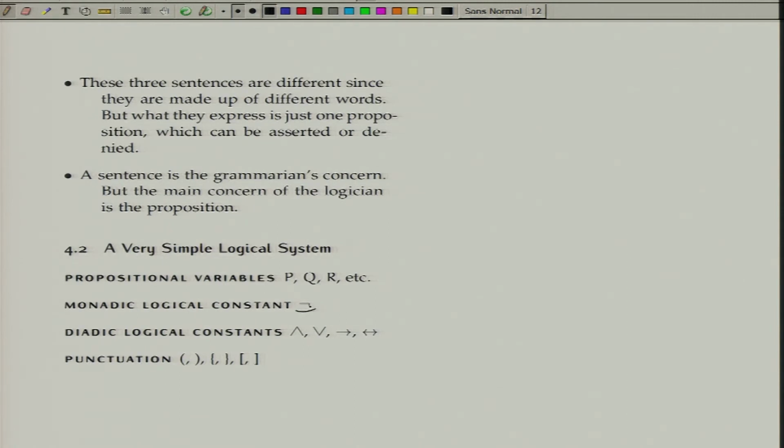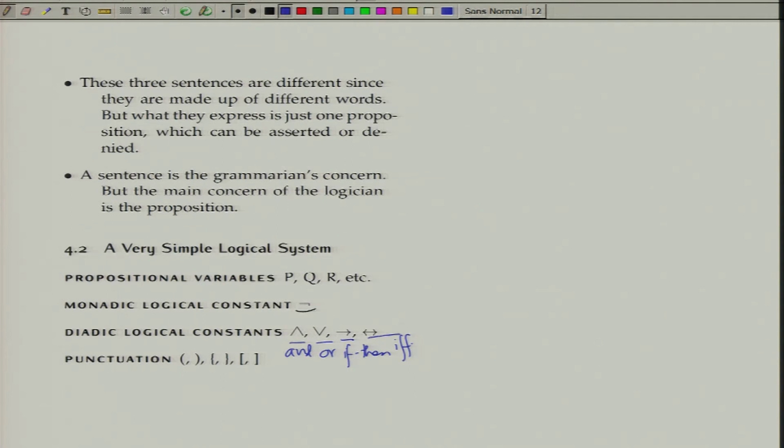Not that all 4 are important, because one could derive from others, but still for the sake of convenience we have 4 here. So we have and, or. This is if then informally speaking, and this means if and only if.